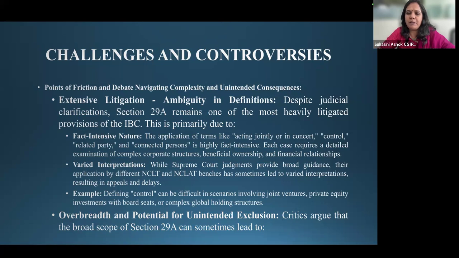There may be a simple direct relation or sometimes complex corporate structures for connected persons. The diligence can be done by the RP through their support team, or he or she can take help from the market, who provide Section 29A reports.